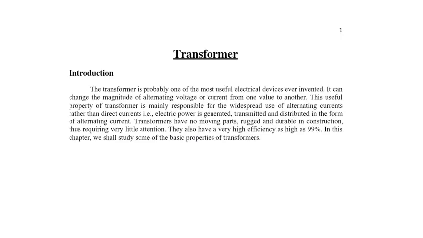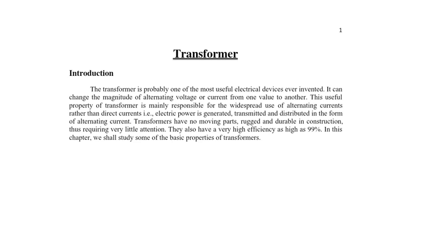Now we come to our main topic, transformer. We have shown a transformer in the last slide. The transformer is probably one of the most useful electrical devices ever invented. It can change the magnitude of alternating voltage or current from one value to another, which we have already seen in the last slide.